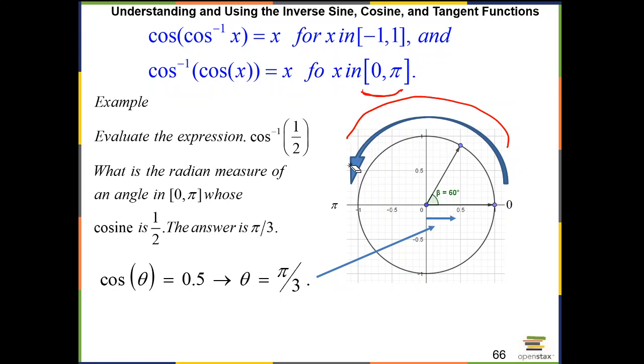Now in this region, what's an angle whose cosine is 1/2? 60 degrees. That's the only angle in this region. So the answer to this is 60 degrees, or pi over 3. Okay? And this should be an r here for x is in 0 to pi.